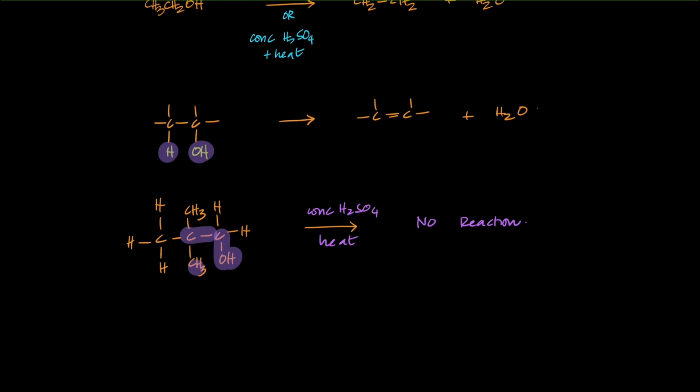No, it has to be a hydrogen on the adjacent carbon. So the adjacent carbon, this one that I've just circled, has to have an H. And it doesn't. So this will have no reaction.